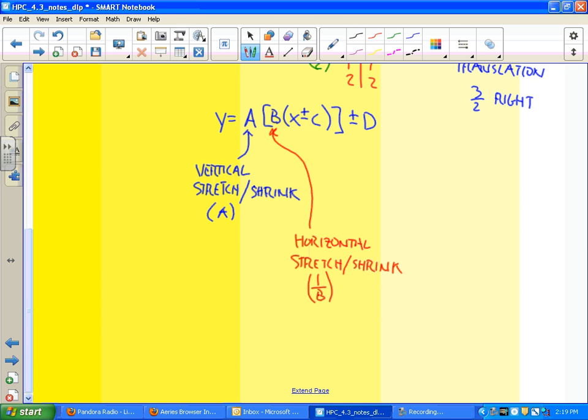Multiply everything by whatever a is. If it's a fraction, you multiply by a fraction. Then you have c, which is a horizontal translation. So we're thinking right or left. And then d is a vertical translation.